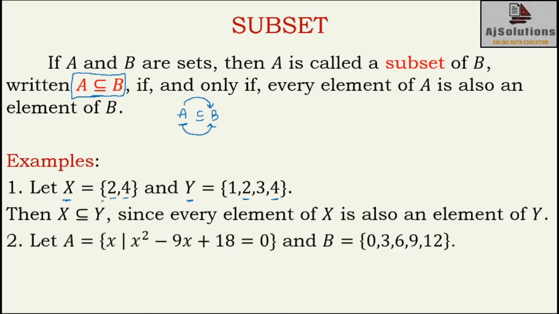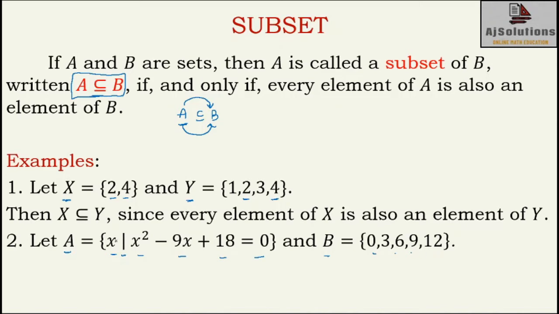So you can see I have a set A as a collection of all those x such that x square minus 9x plus 18 is equal to 0, and set B as {0, 3, 6, 9, 12}.